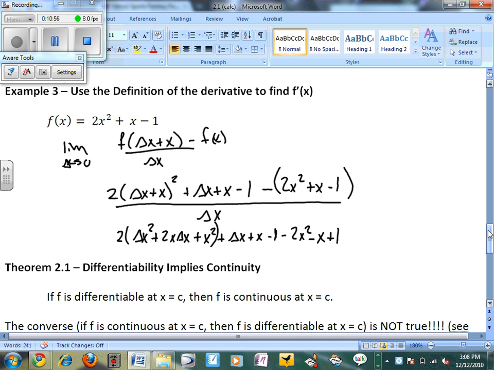So we're still all over the change of x, and we're still taking the limit as change of x approaches 0. Go ahead and distribute. I'm going to have 2 change of x squared plus 4x change of x plus 2x squared. Oh, I didn't really need that parentheses. Let's get rid of that.